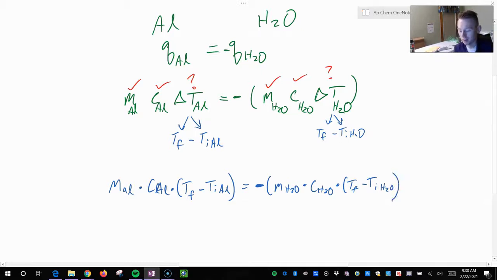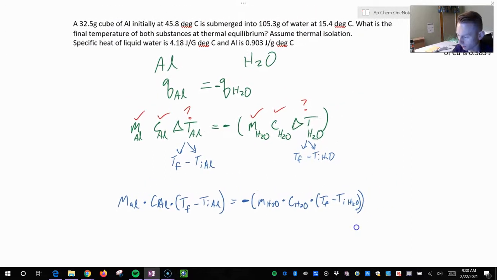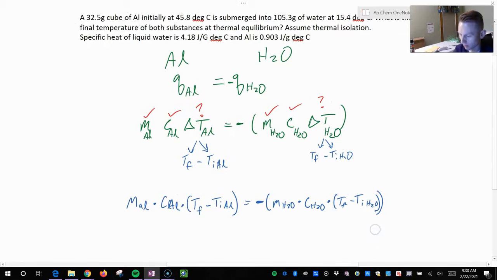That's the full equation. But the nice thing is that we can substitute in. We can get another parenthesis there. I need to substitute in numbers, and then I can simplify it, and then we'll just have to do a little bit of algebra, and then we'll make it all work out in the end. So I'll put that up there so that way we can write in our givens and unknowns.